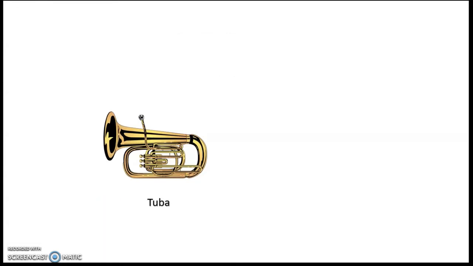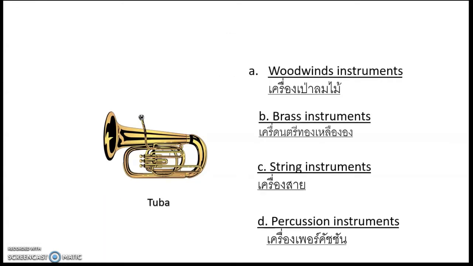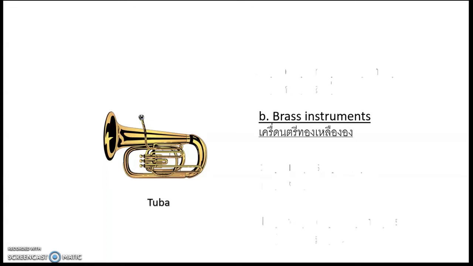For example, this one, the tuba. Now, the tuba, what is the answer? The tuba belongs to... Yes, the tuba belongs to brass instrument. Now this one, the piccolo.